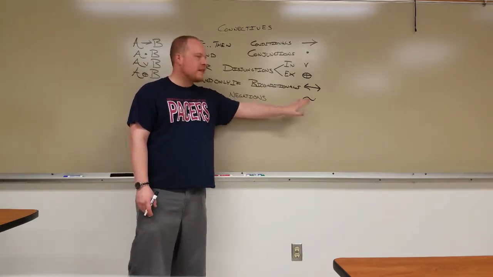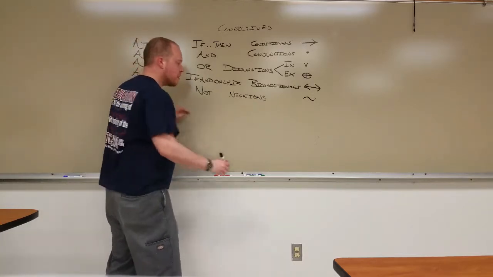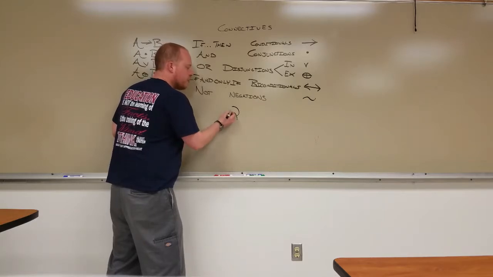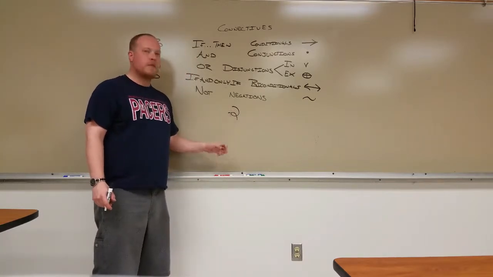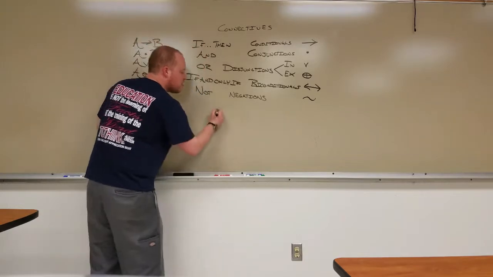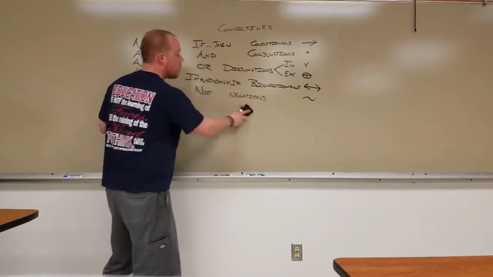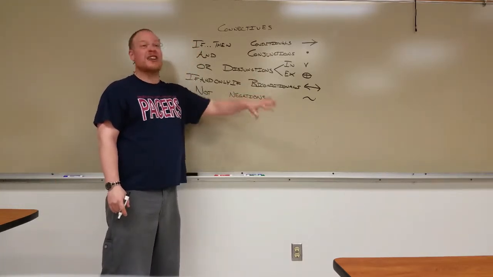The reason why I do that is sometimes when people want to write, and you might have done this yourself, let's say I want you to write negative 2 instead of the numeral 2, people go, oh, I meant that too. No. The squiggle makes it very obvious that you mean not two. And that's exactly what we'll be doing with the squiggle or the tilde, is just saying it means not something.